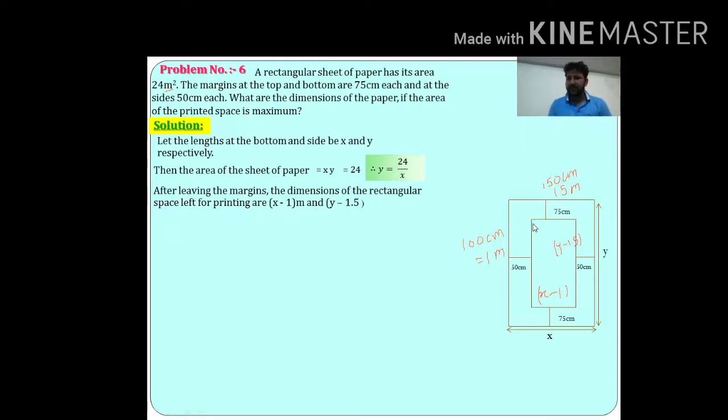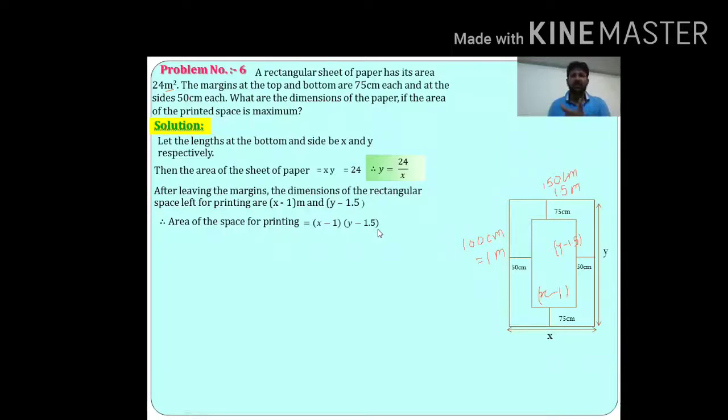This printed space, its area must be maximum. So writing the equation for the area of this printed space, it is equal to length into breadth, again the same formula: x minus 1 multiplied by y minus 1.5.